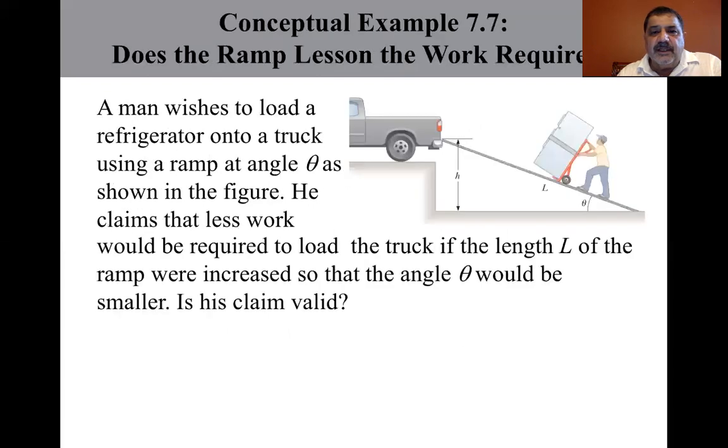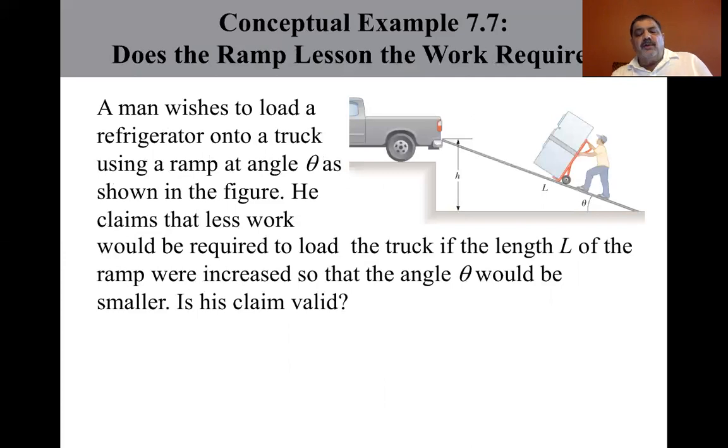Okay, now let's look at a problem. A man wishes to load a refrigerator onto a truck using a ramp at angle theta as shown in the figure. He claims that less work would be required to load the truck if the length L of the ramp were increased so that the angle theta would be smaller. Is this claim valid?